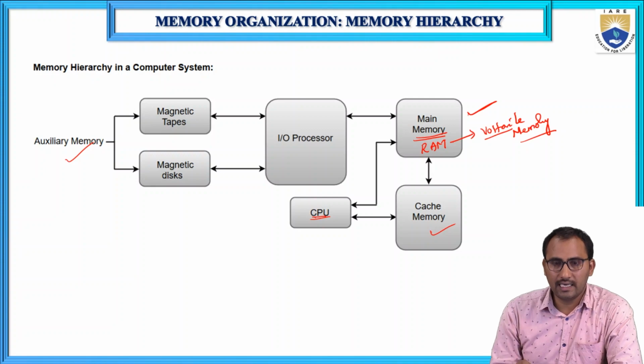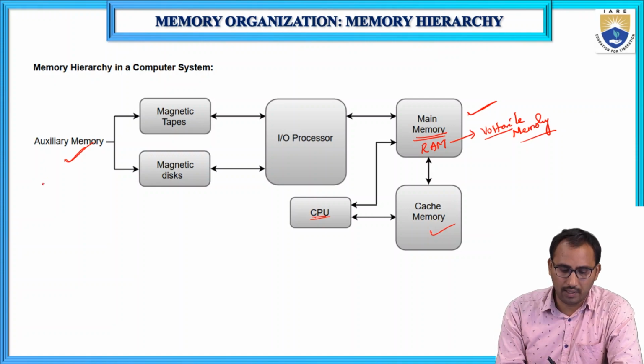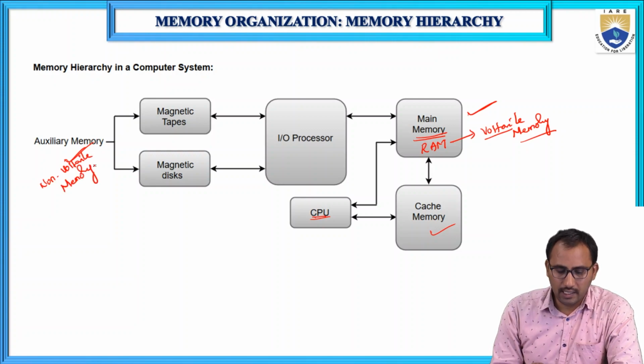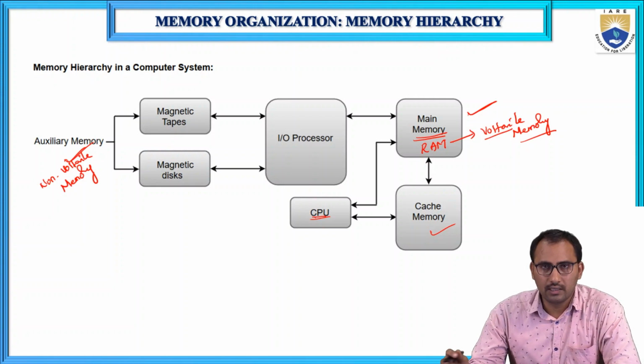On the other hand, auxiliary memories are non-volatile memory. So what is non-volatile memory? Even if the power fails, the data stored in the non-volatile memory will be present and will not get erased.